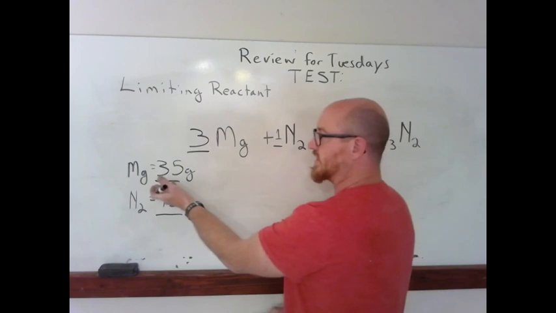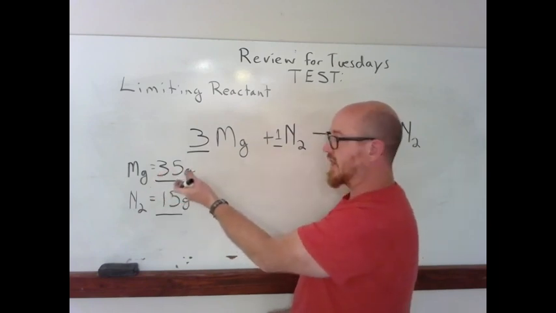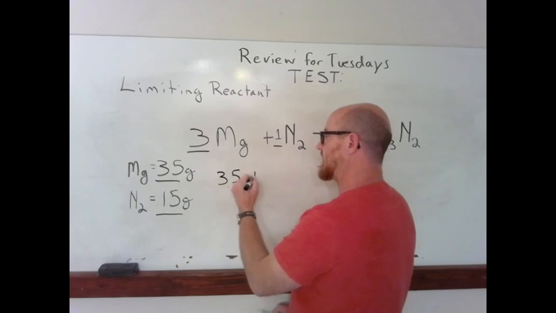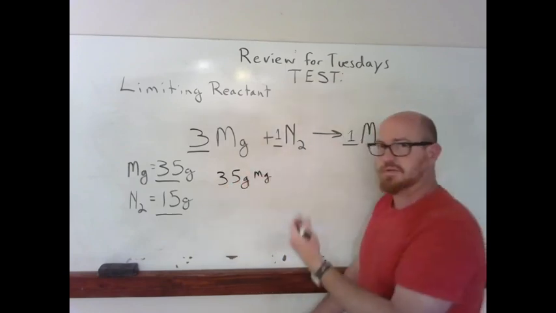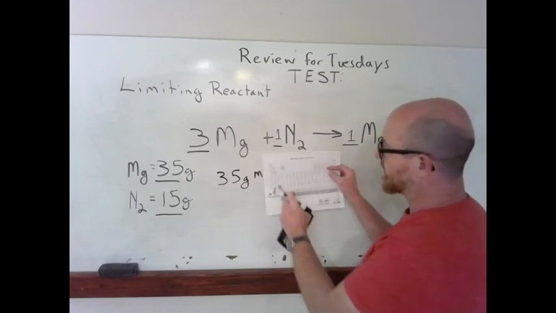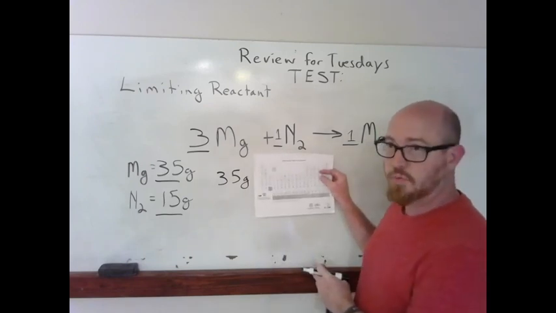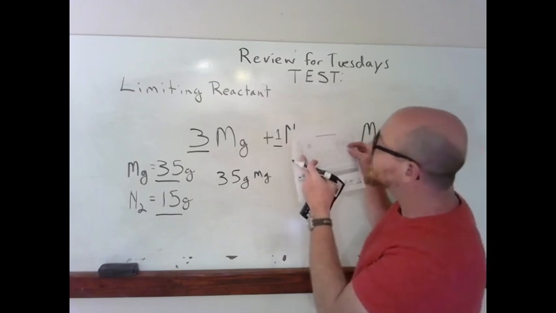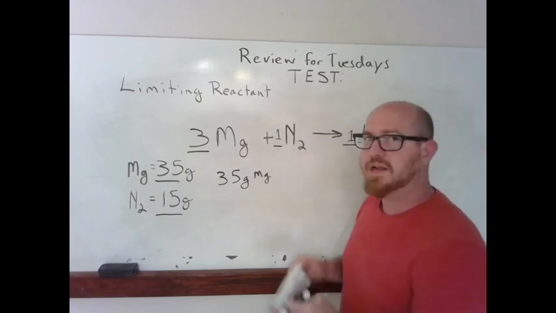The very first thing you should do is write down how much I gave you. So we start with 35 grams of magnesium. I put that so I can cancel my units later. Now I looked at my periodic table. Magnesium here is number 12. We're going to take magnesium, and it says here 24.3.